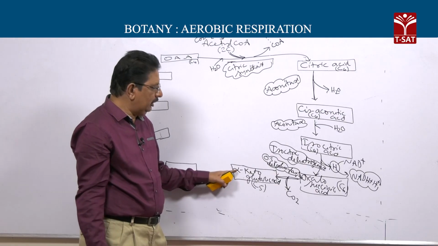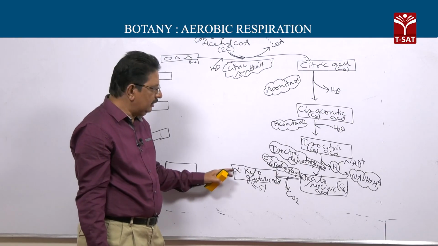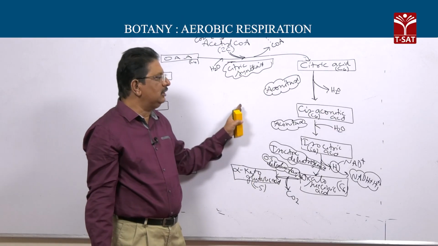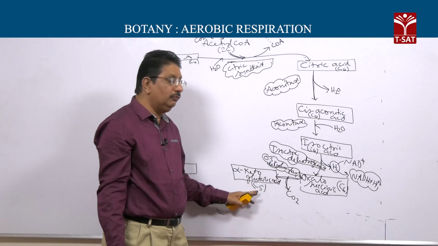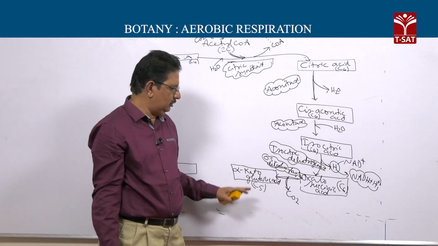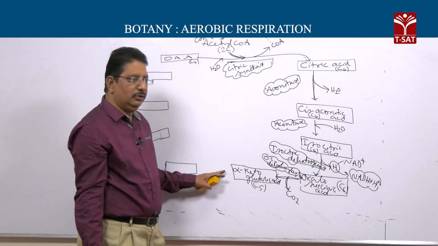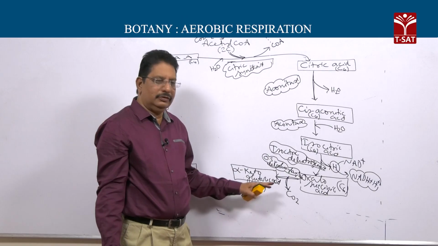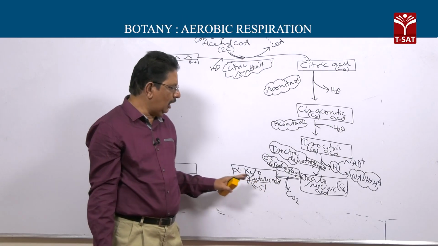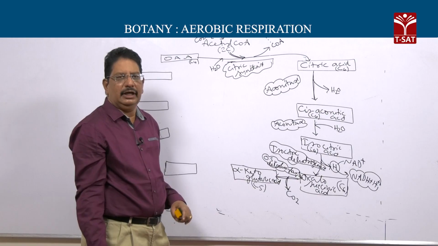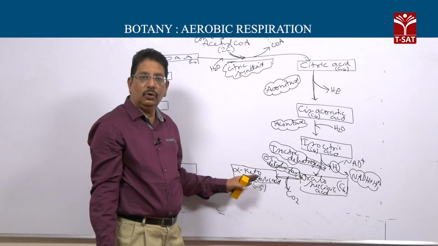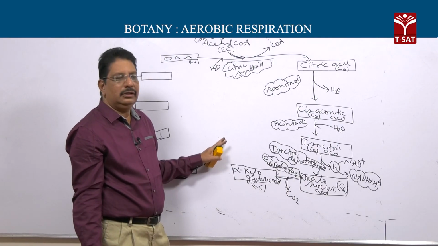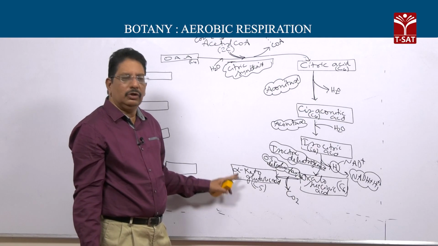So alpha-ketoglutaric acid is one of the respiratory intermediates formed during the TCA cycle having 5 carbon atoms. This is an important compound that is frequently asked about, that is, the number of carbon atoms present in alpha-ketoglutaric acid. 5. The only 5 carbon compound formed in the Krebs cycle is alpha-ketoglutaric acid.